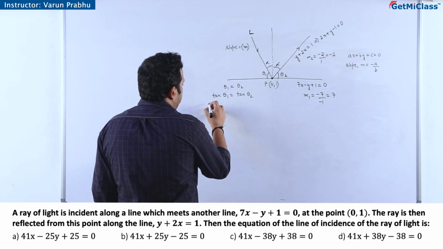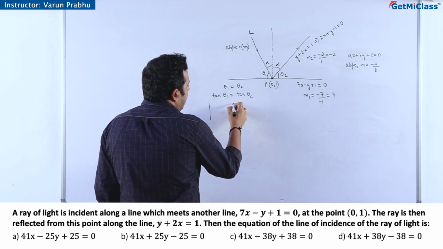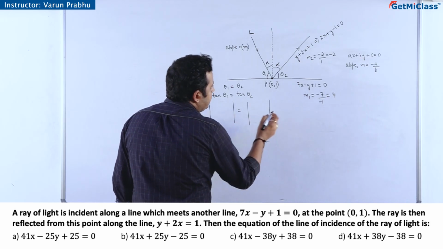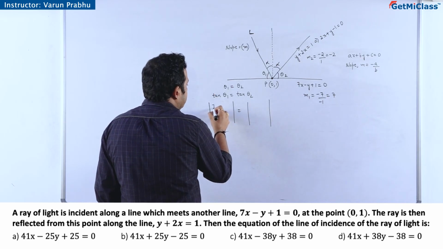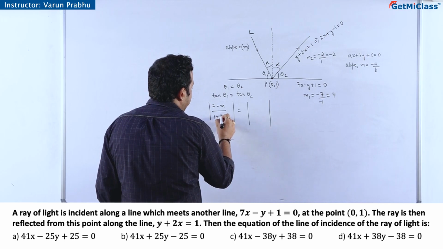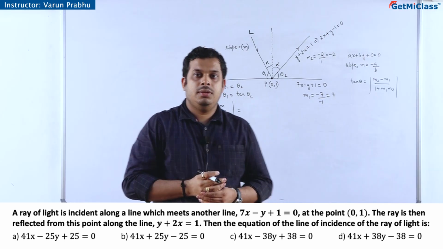What is the angle between two lines? Tan theta is equal to modulus of m2 minus m1 over 1 plus m1 m2. So I can say 7 minus m divided by 1 plus 7m.